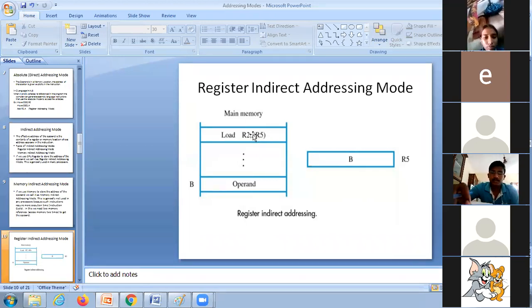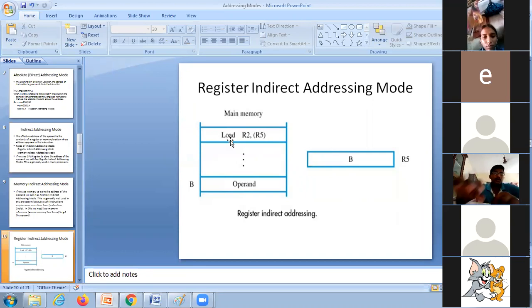So how do you get this instruction? First, you get this instruction into the CPU. First, the program counter has to point to this address. Then this instruction has to be stored in IR, then it will be executed. That is the process.